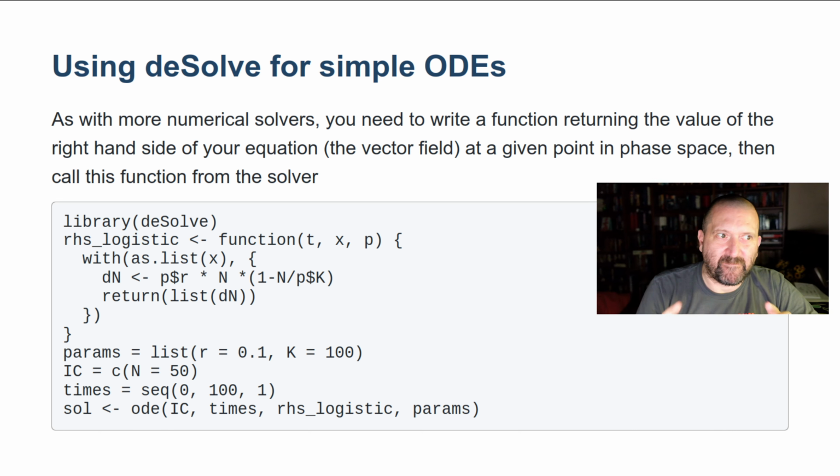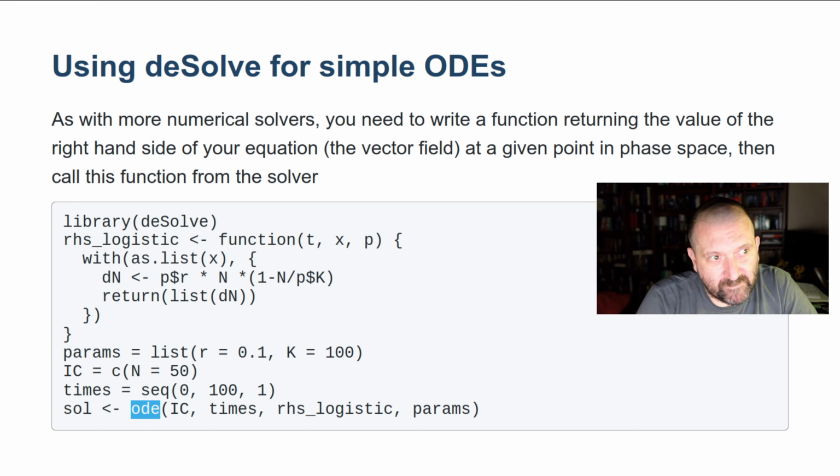Okay, the method that you're using might select different integration points, but it will return the value at the times you specify, which is very convenient for what we will do later. And then you simply need to call ode.